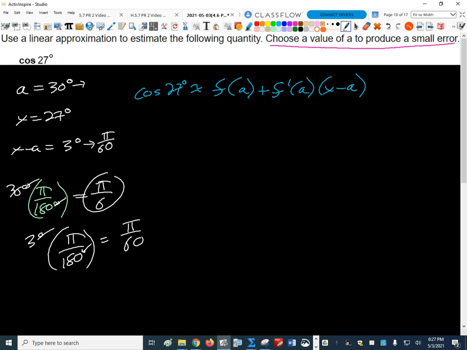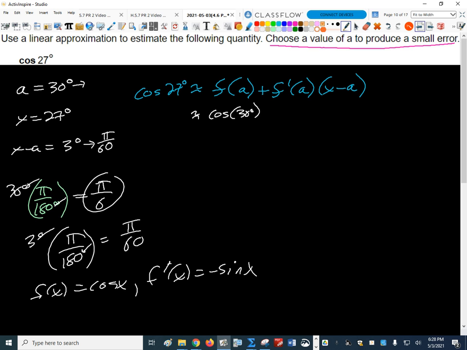What's our function? Well, it looks like a cosine function. So if f of x equals cosine x, then f prime of x is just minus sine x. We know that. And so this is going to be approximated by f of 30 degrees, right? F of x is cosine x. So cosine 30, whoops, I don't want to write it as 30 though.